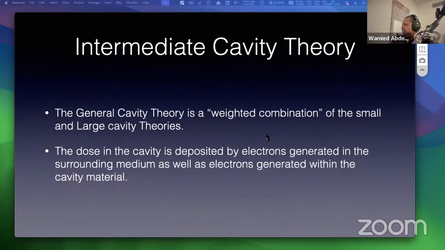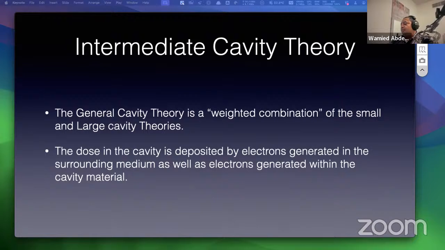And basically, it's very simple. We can think of it as a weighted combination of the small and large cavity theories. So if we have a cavity, and suppose we know the dose in the cavity, and we know, for example, the fraction of the dose that was deposited by electrons generated within the cavity, and the fraction of the dose deposited by electrons from the surrounding medium.